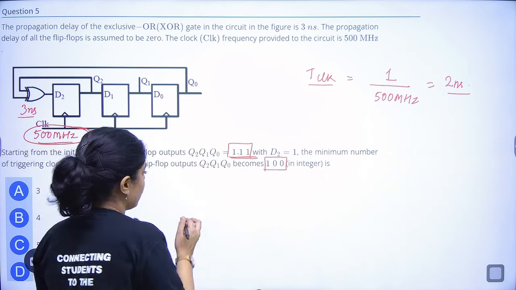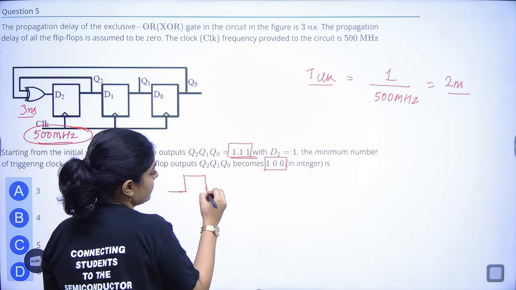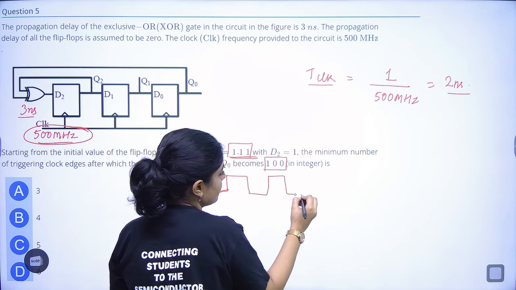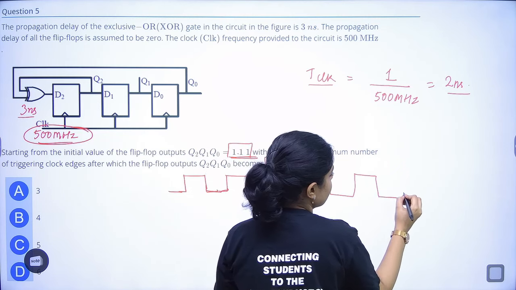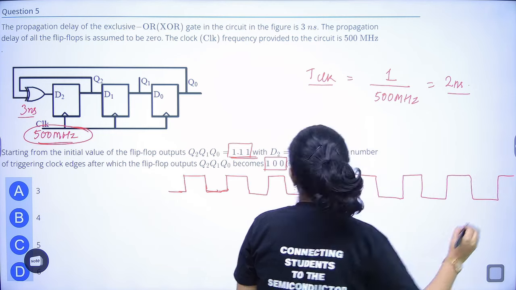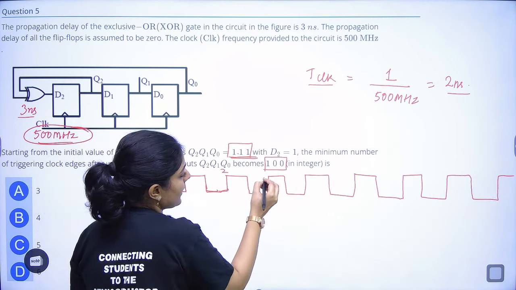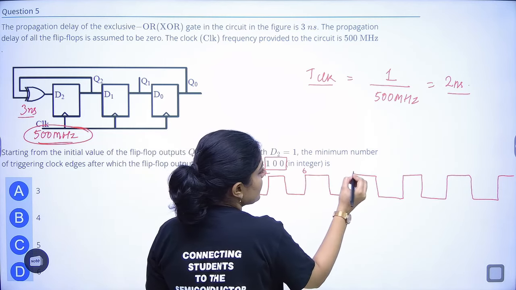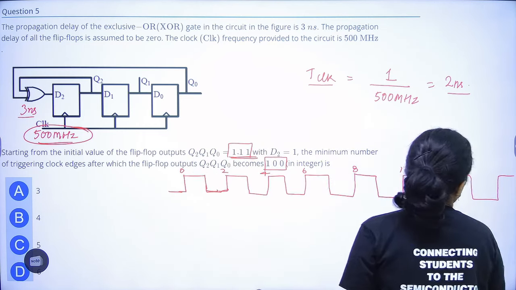If I draw the clock here, at t equals 0, at t equals 2 nanosecond, at t equals 4 nanosecond, at t equals 6, 8, 10, 12, and so on.